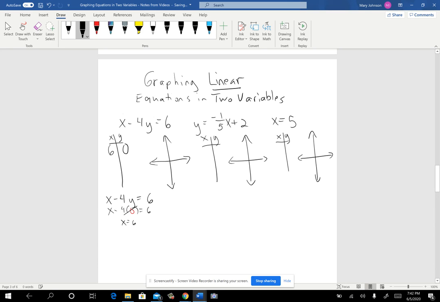But in reality, I want you to do as little of that as you have to, because you don't want to make graphing feel super tedious, okay? All right, and then you might think, well, let's go ahead and plug in a 0 for x. Okay, this doesn't work quite as well, because when you plug in the 0 for x, you have negative 4y equaling 6. So it turns out to be not an integer.